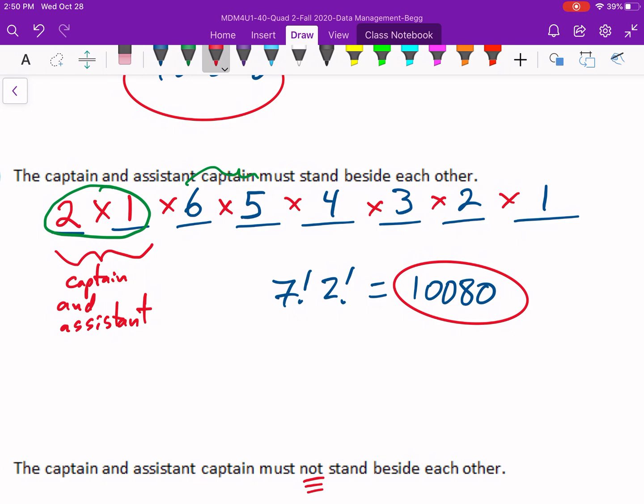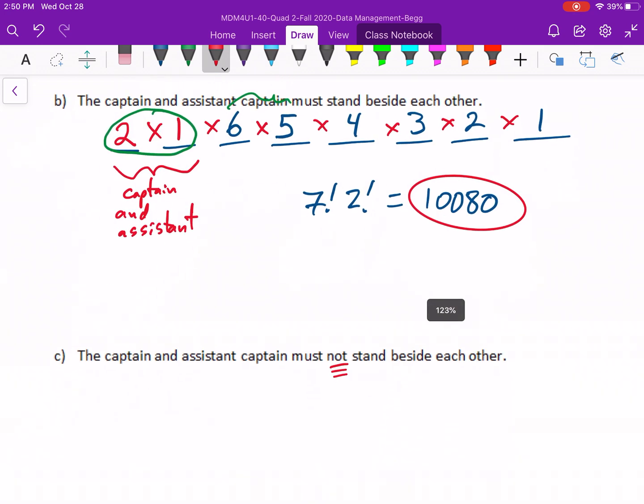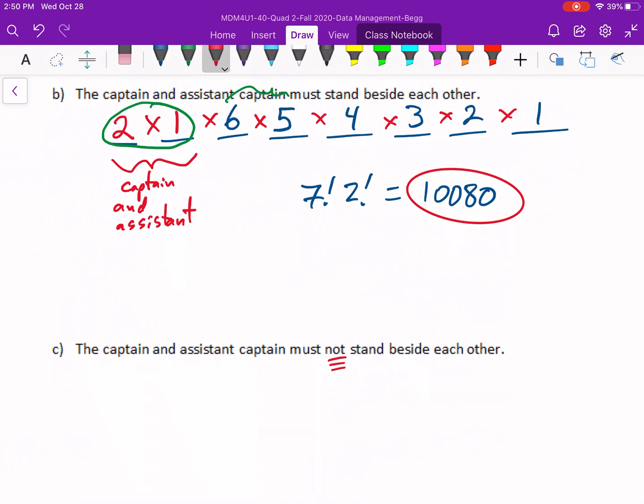I can actually calculate all these different permutations, but it would be a lot of work. I'd have to figure out how many ways can I do it with exactly 1 person between them, and then exactly 2 people in between them, and how many ways with exactly 3 people, up to 6 people. And then using the rule of sum, I could add them up.